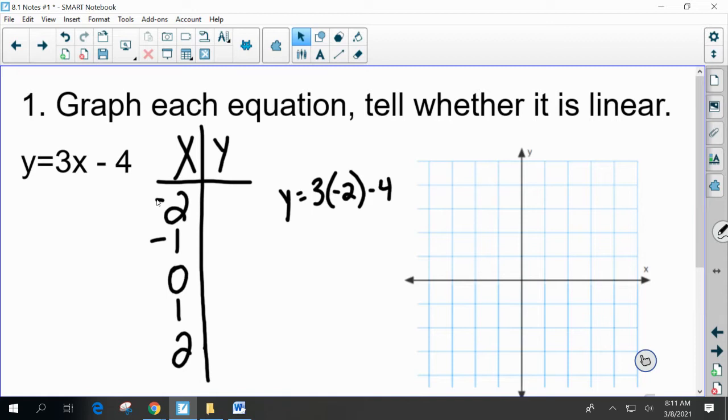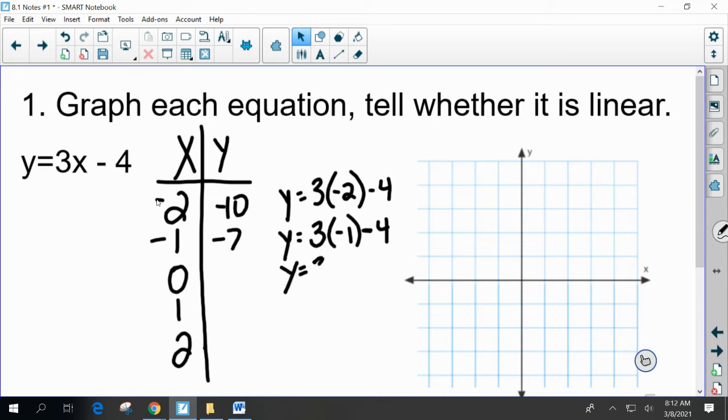Yes, you've done this before. So 3 times -2 would be what? -6 minus 4. -10. Okay, so then we're going to calculate -1. So y equals 3 parentheses -1 minus 4. And you can put it in your calculator just like that, like 3 parentheses -1 parentheses minus 4, if you want. -7.